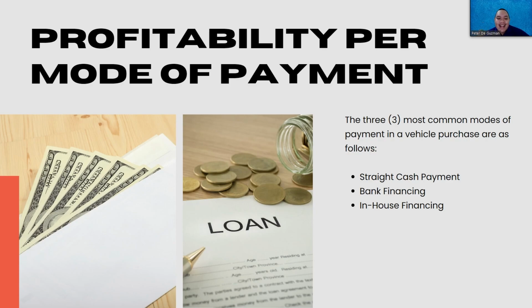Number one is the straight cash payment, in which the client either tenders cold cash or a manager's check or cashier's check, if you will. The second option is bank financing. This is where the client transacts directly with the bank and the bank issues the purchase order to the car dealership to finalize the sale of the vehicle.